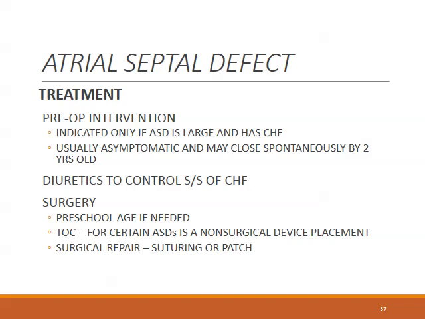They will do surgery at preschool age if needed. Transcatheter closure will be done for certain ASDs with a non-surgical device placement, and also surgical repair, so suturing or a patch to repair that defect.